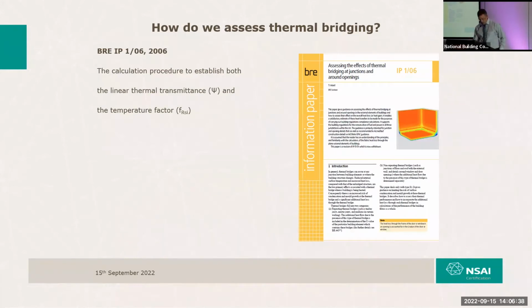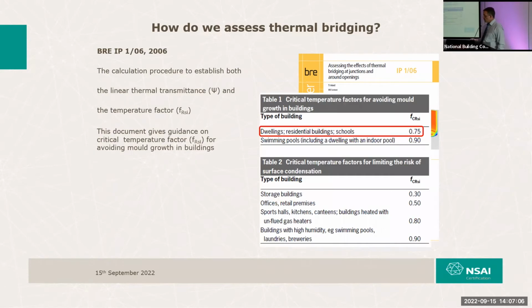So just to have a quick look at the publications and the rules that we use to carry out 2D and 3D assessments of thermal bridges. BRE IP 106 gives us rules on how we calculate linear thermal transmittance at junctions. It also gives us some guidance on fRsi values, which we've gone through earlier on. Table 1 in IP 106 gives a critical internal fRsi value of 0.75 for internal surfaces.